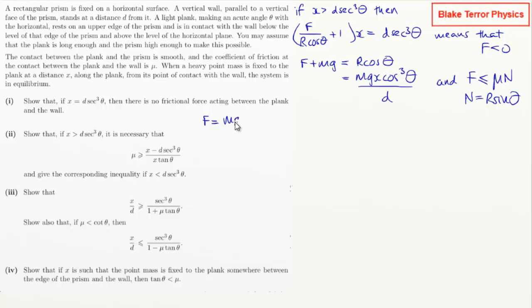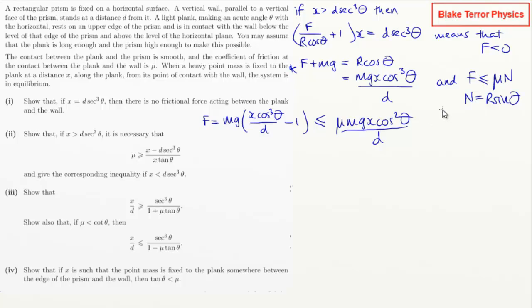F is mg x cos cubed theta over d minus 1. So that's just coming from this. So I've got that, and that has got to be less than or equal to mu times r, which is mgx cos squared theta over d.